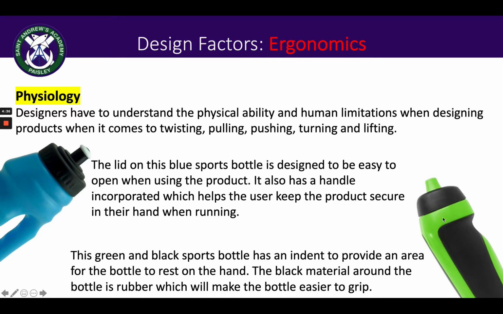The green black bottle over here has an indent to provide an area for the bottle to rest in the hand when you're using it. The black material around the bottle is rubber, which also helps it easier to grip. So you're thinking, in what way are people going to be using this product?